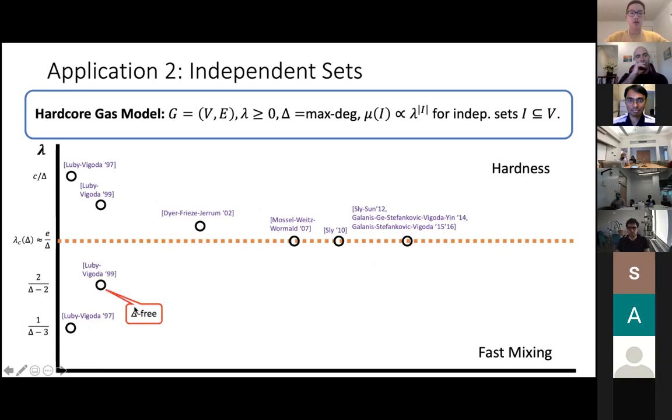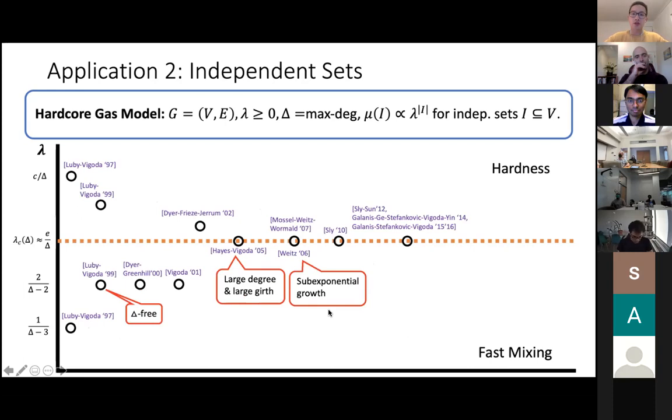This was also gradually improved over the years. Previous works could get up to this critical threshold, but unfortunately had to make fairly restrictive assumptions on the input graph, like certain growth conditions or girth conditions. The previous state of the art for general graphs of bounded degree was stuck at this 2 over the max degree threshold.